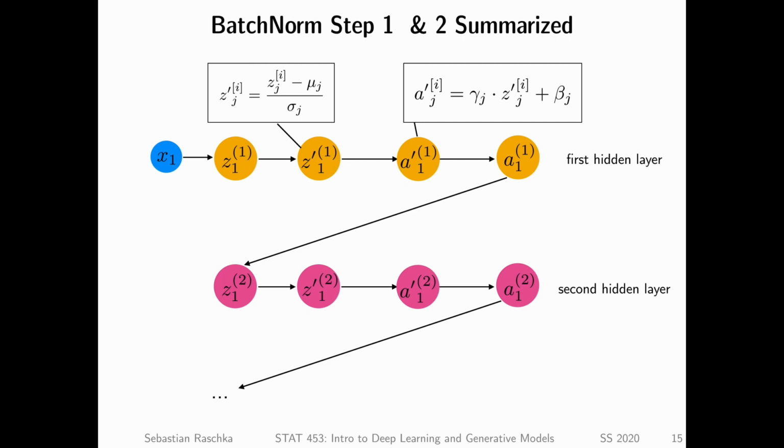So I have my network input, the x1 here, the first feature. Then I have my z, my normal net input, which is computed by multiplying the weights with the features and then adding the bias. It's the normal thing we usually do.